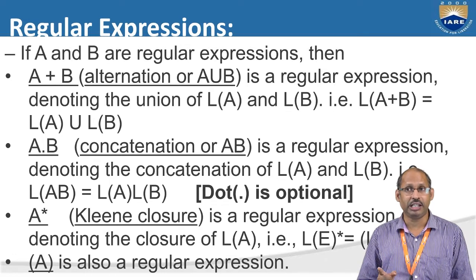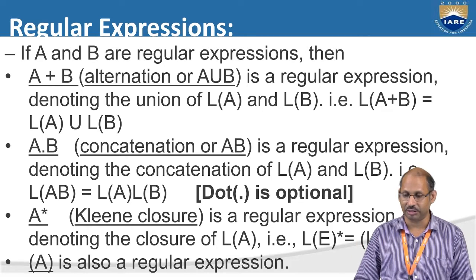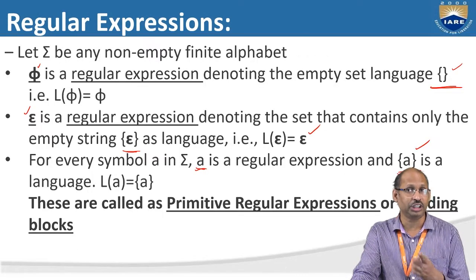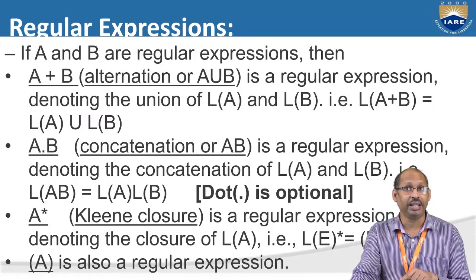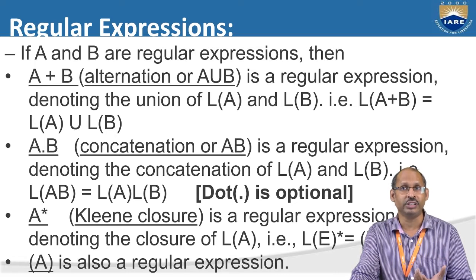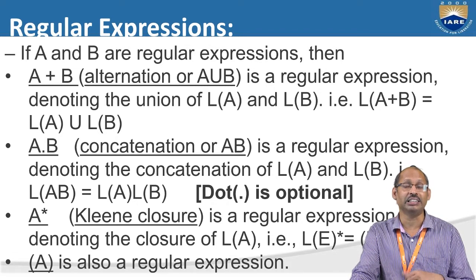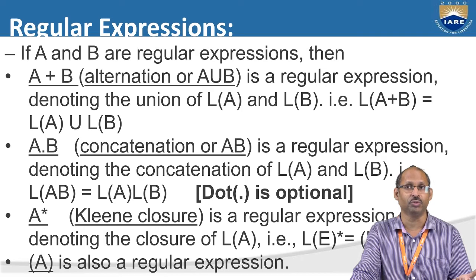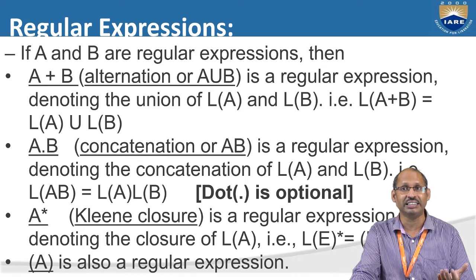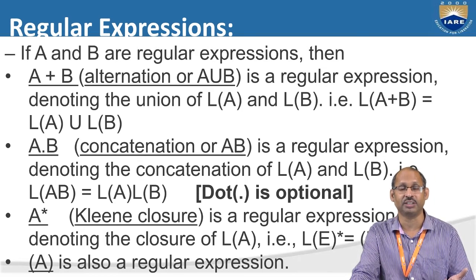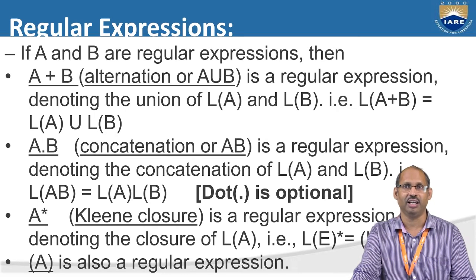The previous three are primitive basic regular expressions, and on these we apply these properties, union, concatenation and closure. By combining these properties on the primitive regular expressions, we can construct a regular expression for any regular language.